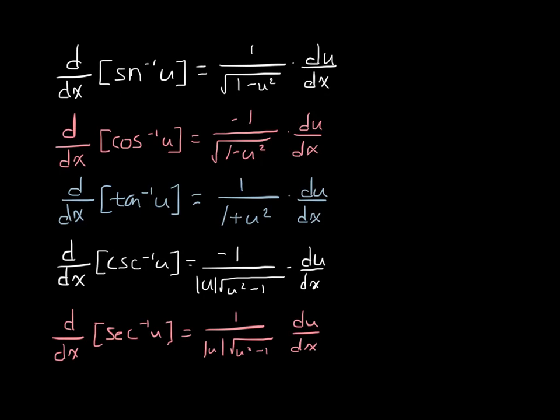And you'll see the same thing with inverse cotangent. Not cosine, but cotangent. The derivative of inverse cotangent of some function u would be negative 1 over 1 plus u squared, then times du dx.